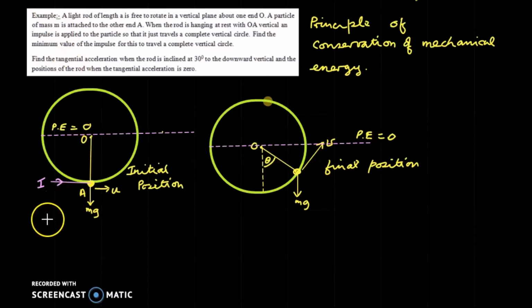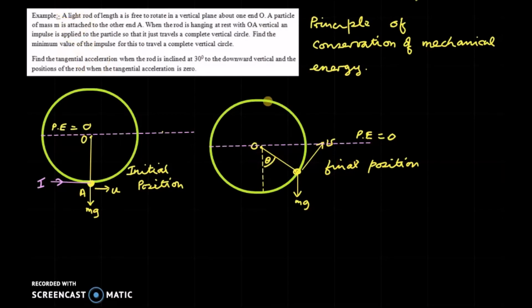Total mechanical energy is the sum of the potential energy and the kinetic energy. Now we have to find the sum of the potential energy and kinetic energy in the initial position and equate that to the sum of the potential energy and kinetic energy of the final position.